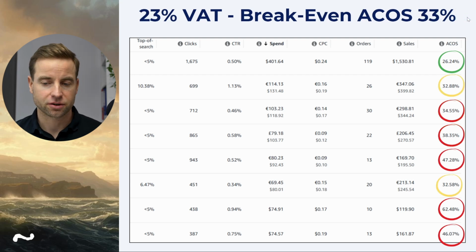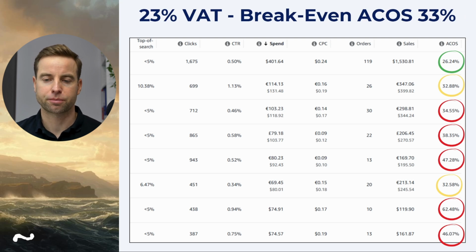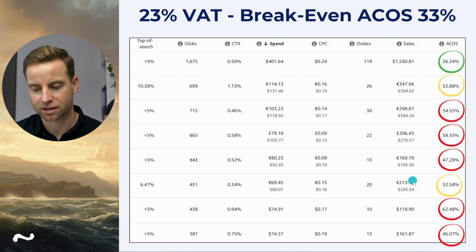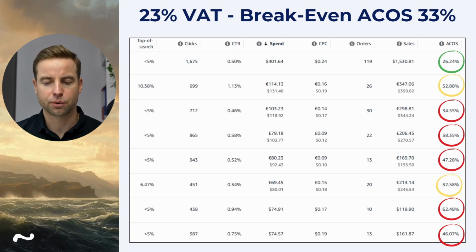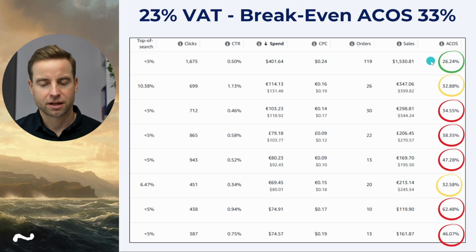Our break-even ACOS is only 33%, which means that campaigns that were profitable previously are now not profitable. Even those marked as yellow are now break-even because they are basically at 33%. So out of all these campaigns, only one, the top one, is profitable if we are paying tax.